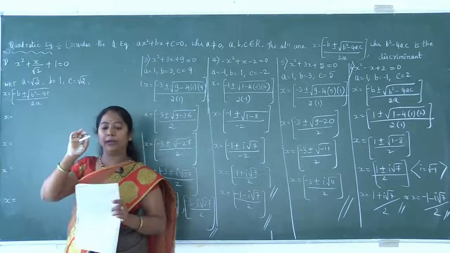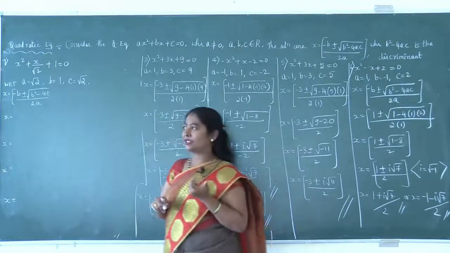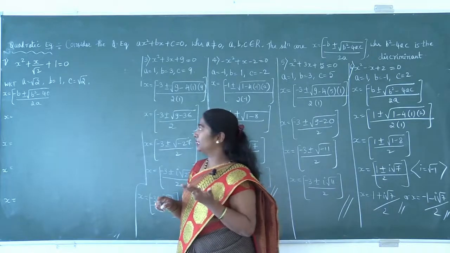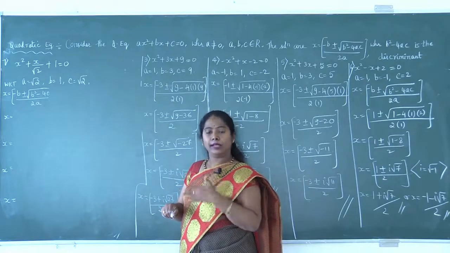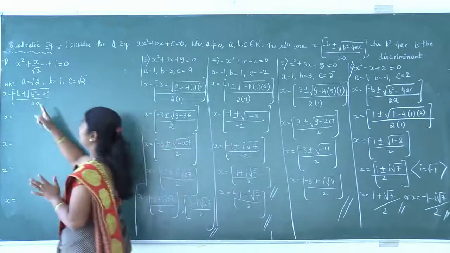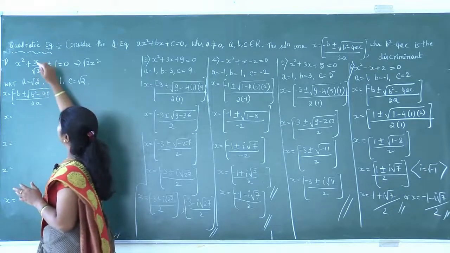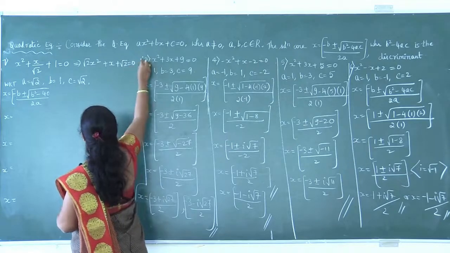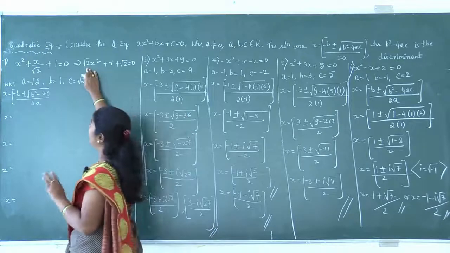When you multiply the complete equation by root 2, what do you get? Root 2 x square, root 2 and root 2 get cancelled, plus x remains, plus root 2 equal to 0. Keeping this in mind, what is the value of a here? Root 2.